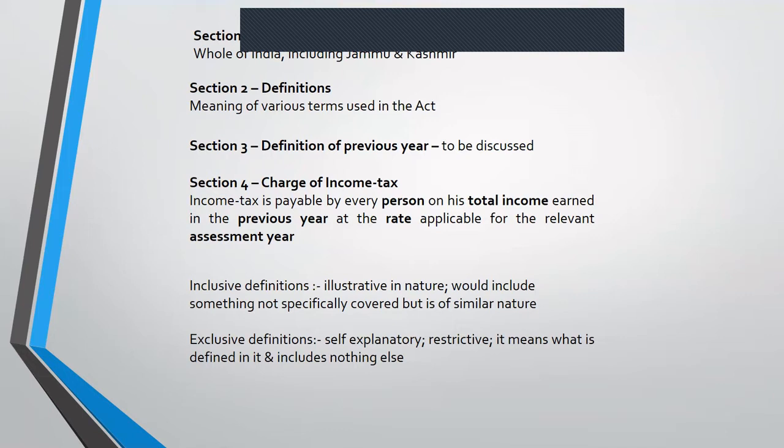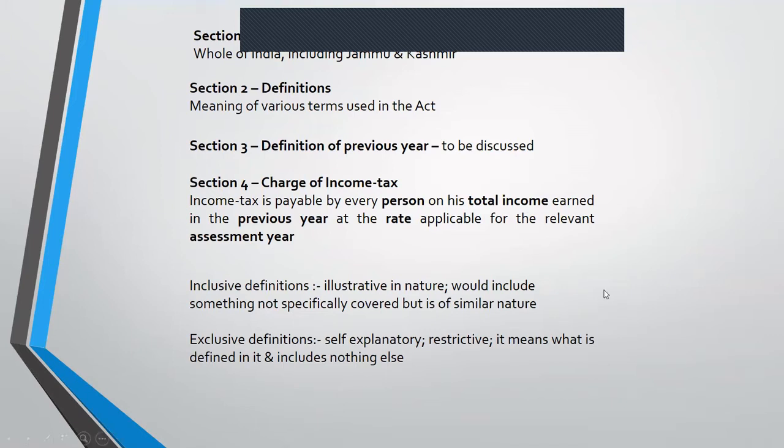So, for better understanding of the subject, important words are defined in section 2, right? Further moving on, when you read the other sections, if you don't understand the meaning of any word in those sections, where are you supposed to check? You are supposed to check under section 2.